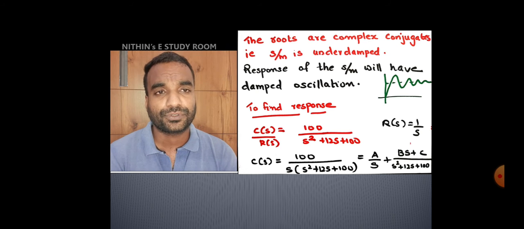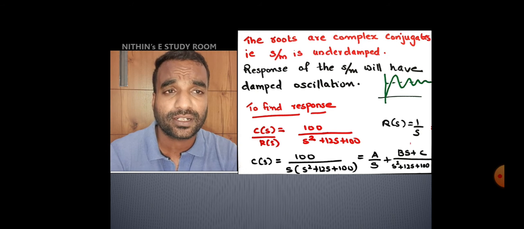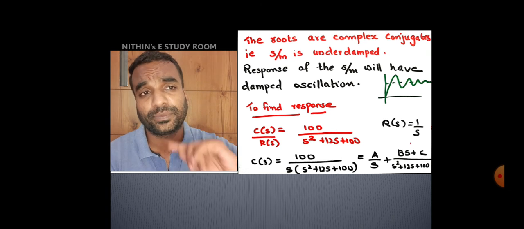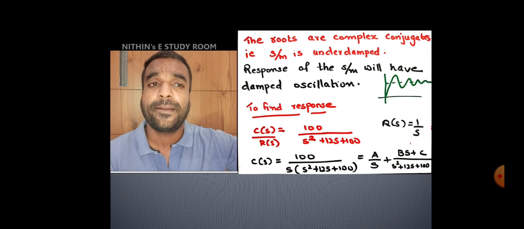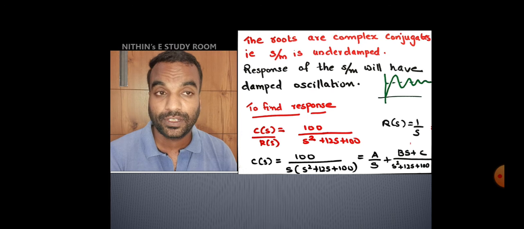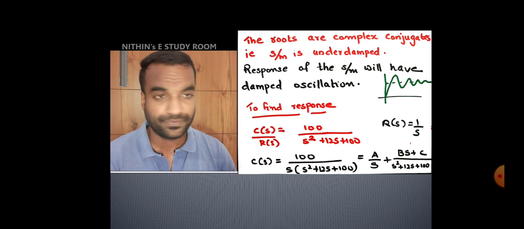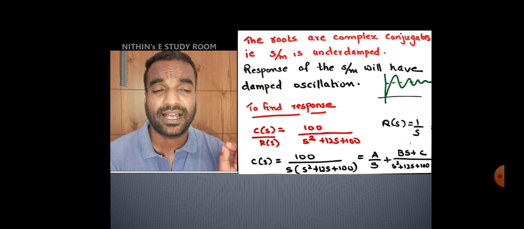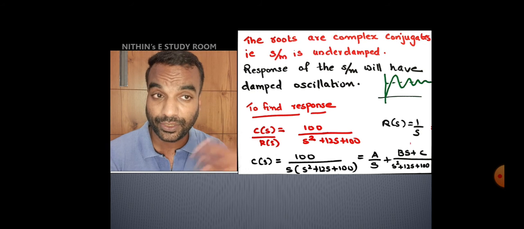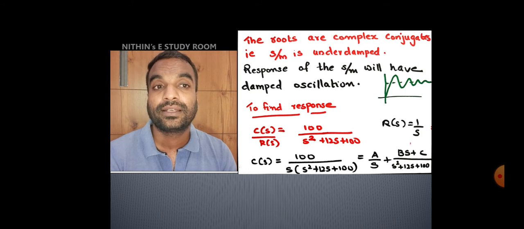To find the response, C of s by R of s is equal to 100 by s square plus 12s plus 100 and R of s is equal to 1. Now C of s is 100 by s into s square plus 12s plus 100. If you are applying partial fraction, in your notes please write that.